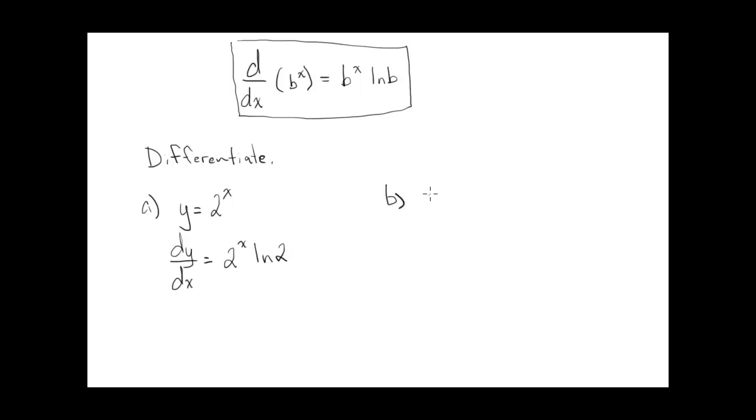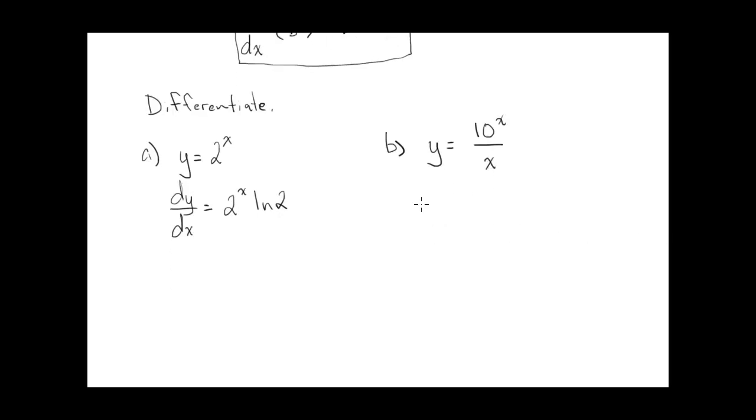Say we wanted to do one, let's make this quotient rule. Let's say 10 to the x divided by x. So there you've got to use the quotient rule. So the quotient rule states you take the derivative of the numerator, which would be 10 to the power of x times ln 10, times the denominator, minus the numerator, which is 10 to the x, times the derivative of the denominator, which would be 1, all over the denominator squared.